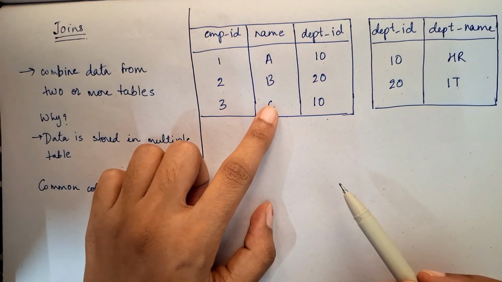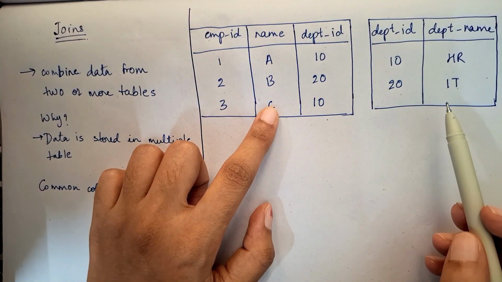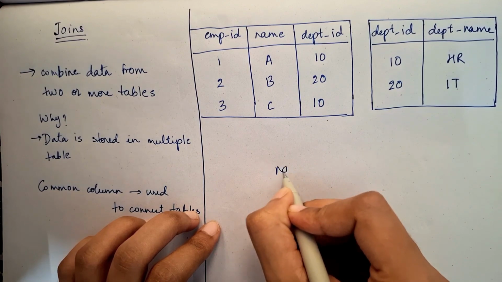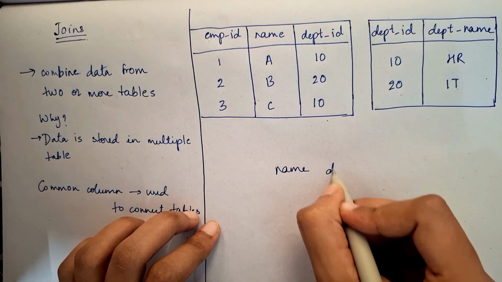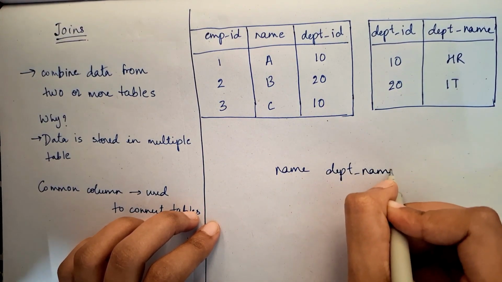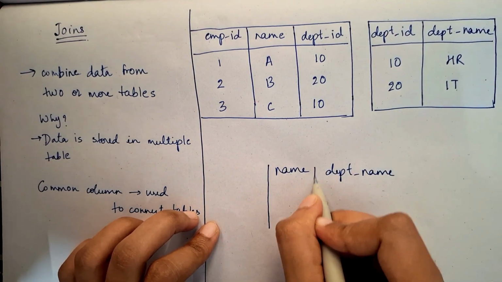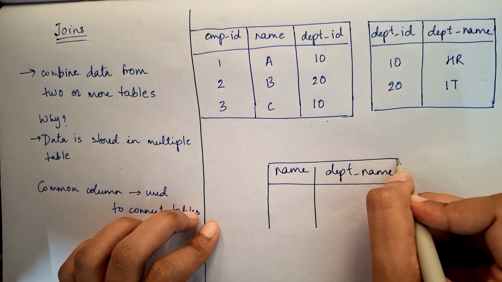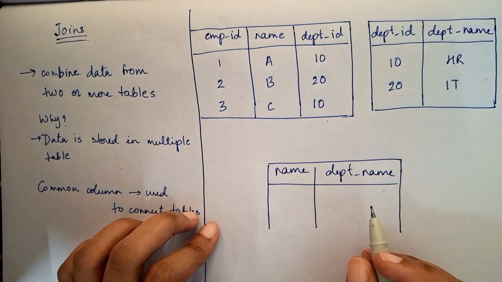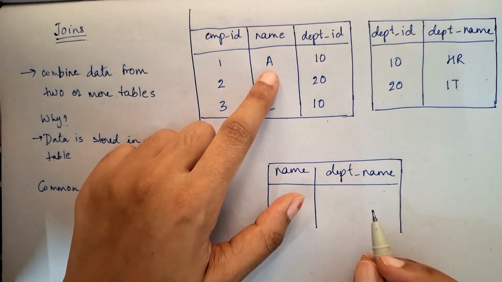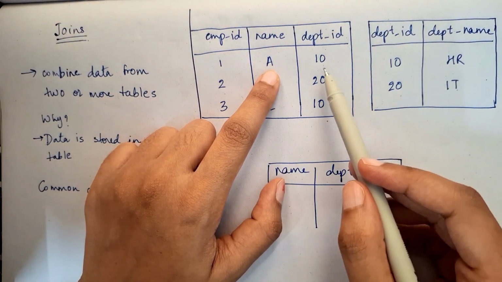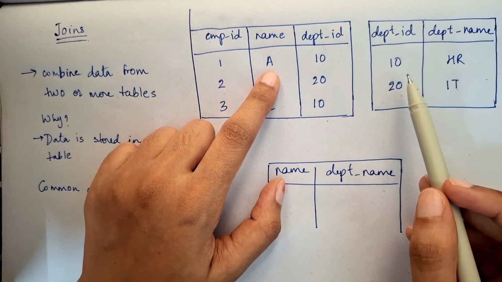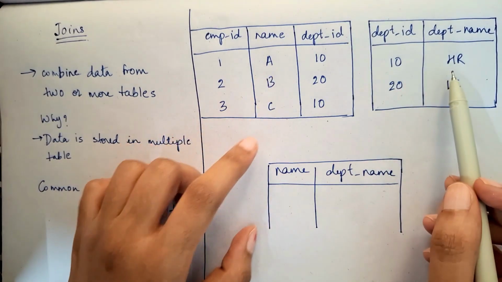Now let's see what happens when we combine these two tables. Since I want employee name and department name, I am creating a result with two columns, that is name and department name. Now let's take the first employee. Employee A has department ID 10. Now I'll go to the departments table, and here department 10 is HR.